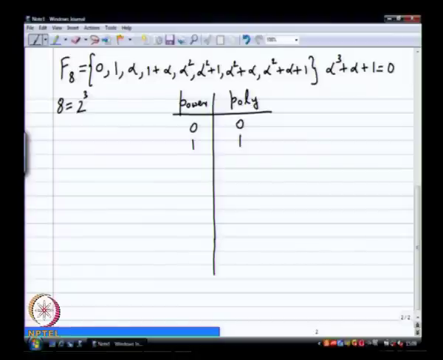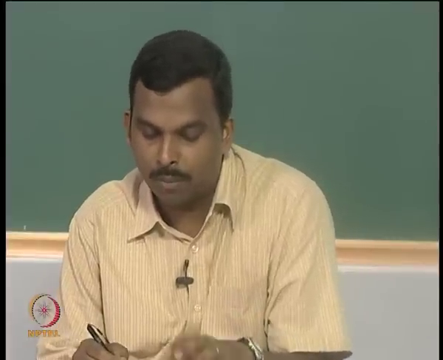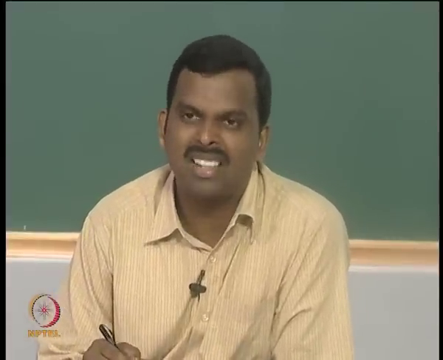By the way, if you look at MATLAB, in the power notation you can't write 0 as alpha power anything. It goes from alpha power 0 onwards. 0 is nothing. So what they usually do is say that in the power notation, alpha power minus infinity is 0.